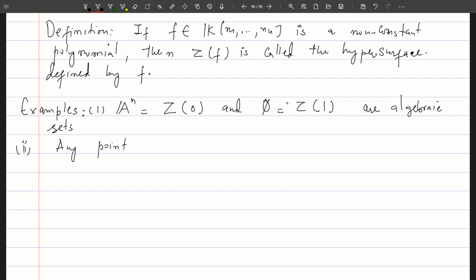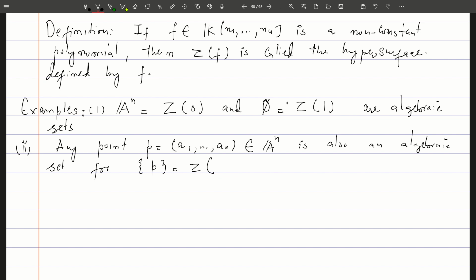This point as a set is an algebraic set, for P is actually the zero set of the polynomials x1 minus a1, x2 minus a2, through xn minus an. That is why it is an algebraic set.